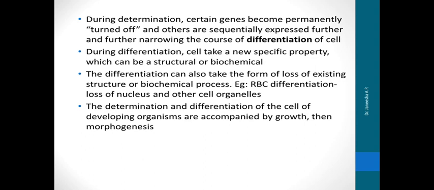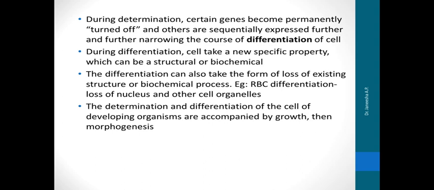So initially it is just a cell, but once it is determined that it is becoming an RBC, its nucleus and other organelles are lost. So determination and differentiation can also take the form of loss of existing structure.